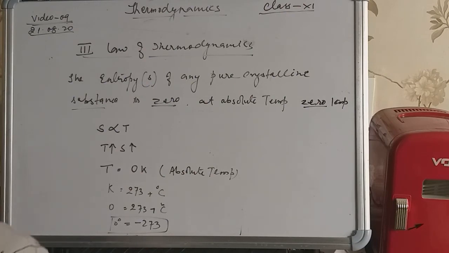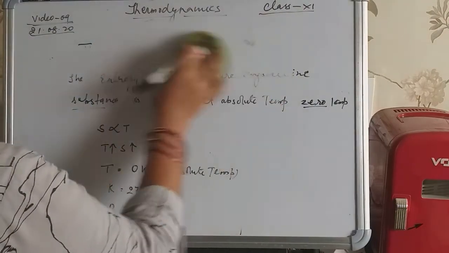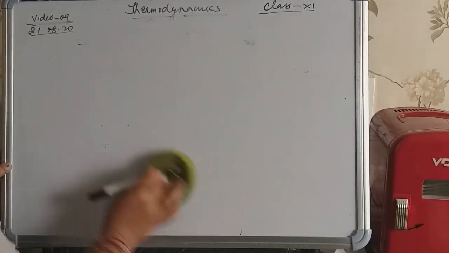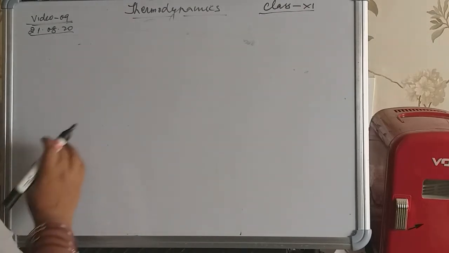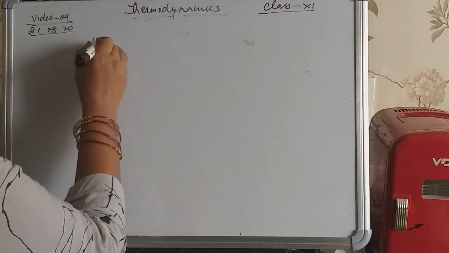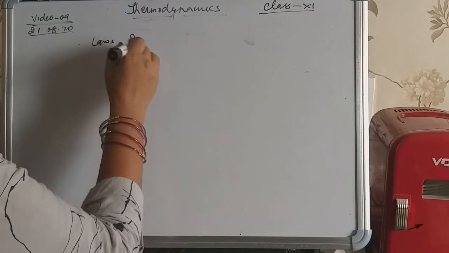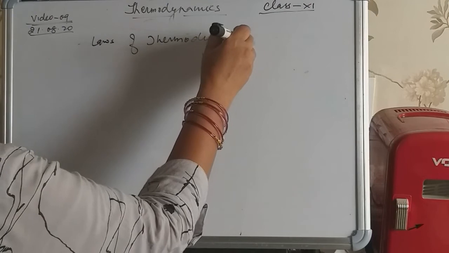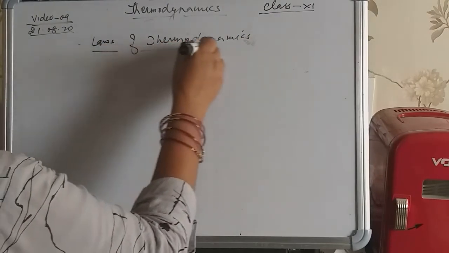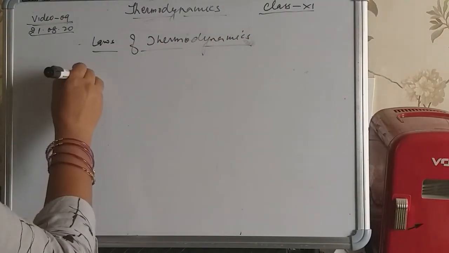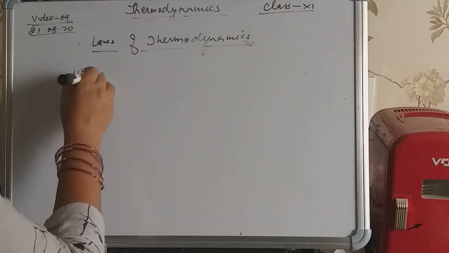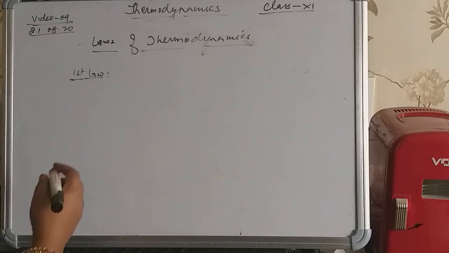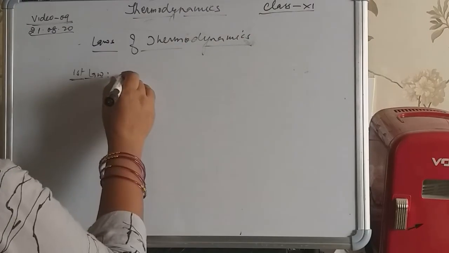Let's summarize all the laws of thermodynamics. Our first law of thermodynamics states that energy can neither be created nor be destroyed, as we have already read in the previous video.